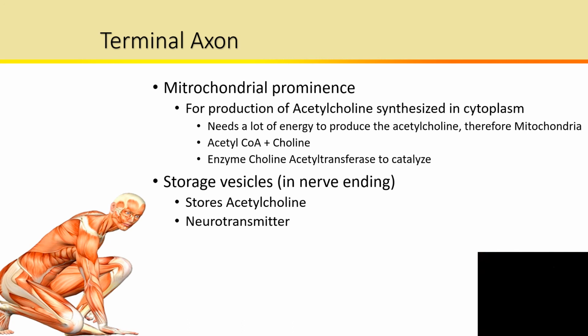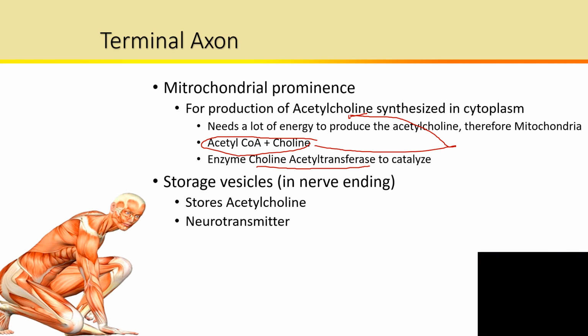The breakdown products get transported back into the axon terminal, and with the acetyl-CoA and the choline as breakdown products of the acetylcholine, this enzyme, choline acetyltransferase, will combine these two things and produce acetylcholine. That's where we get the acetylcholine.